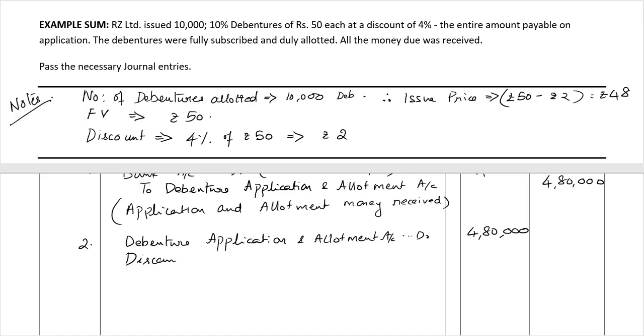Discount on issue of debentures account debit, to 10% debentures account.